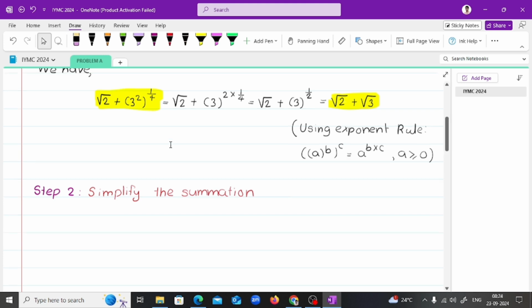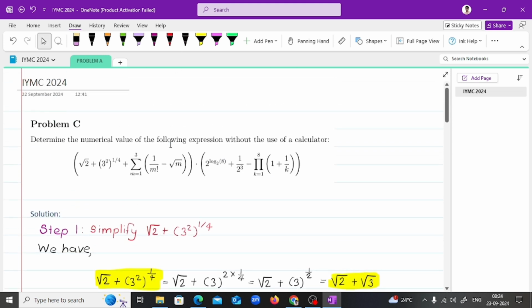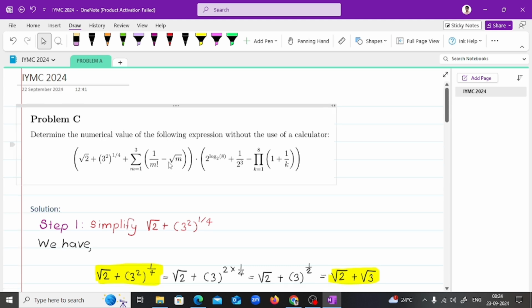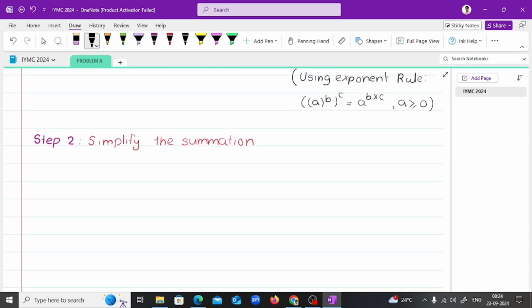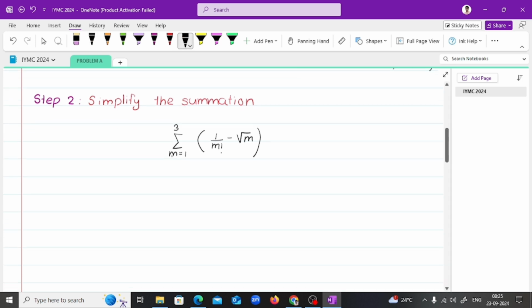So our summation is the summation of m running from 1 to 3 of, in brackets, 1 upon m factorial minus square root of m. So I will write down here summation of m is equal to 1 to 3 of 1 upon m factorial minus root m. Okay, so we will calculate this sum by calculating the value of each term.